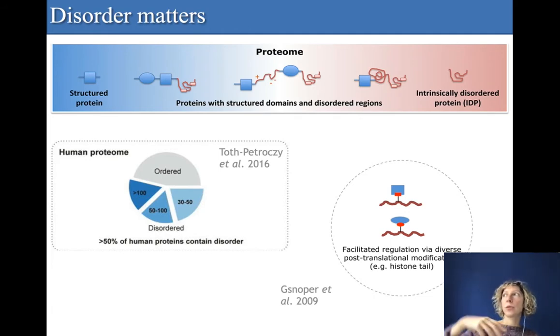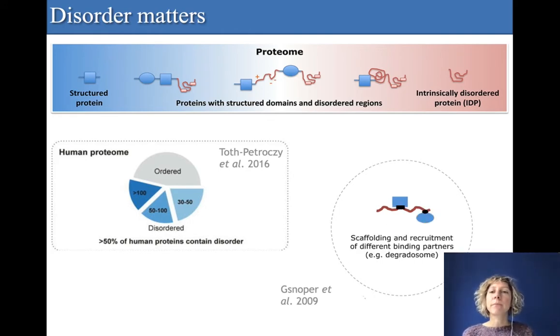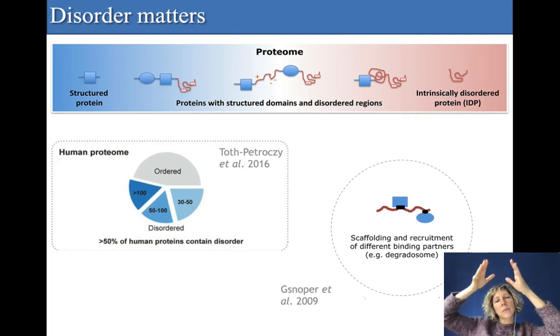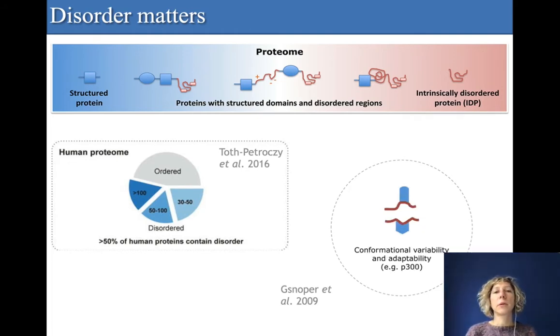The fact that they're disordered also may make these sites more exposed to regulators. They may also have a role in the scaffolding and recruitment of different binding partners. Typically you will have these disordered parts that will fold locally to bind some partner, and they also confer to the protein some conformational variability and adaptability. That's a level of flexibility that the protein has to adapt to different shapes.